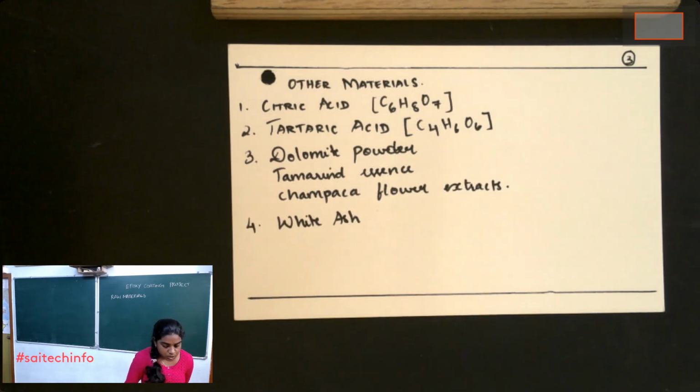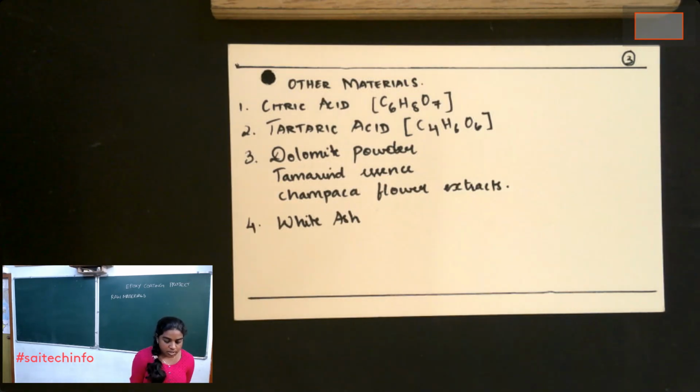So the next one is a powder which is a composition of dolomite powder, tamarind essence and champaca flower extracts. Dolomite powder can otherwise be called dolomitic limestone, which dissolves on the metal surface and helps to break the bond of the surface contaminants, and it will easily remove the surface contaminants from the metal surfaces.